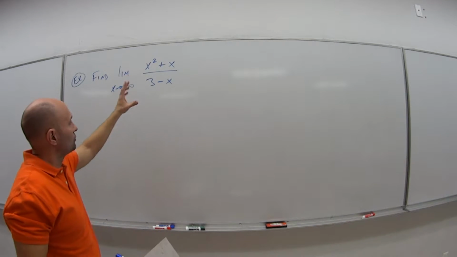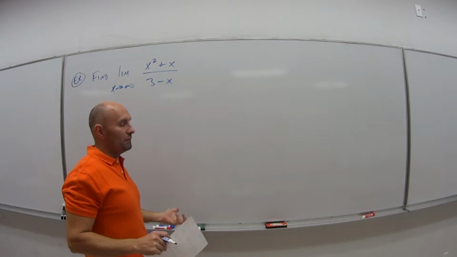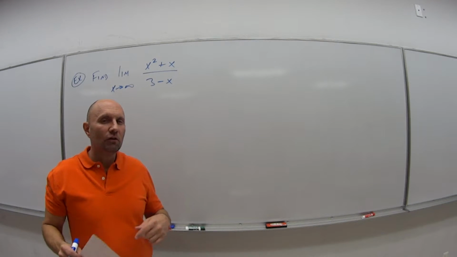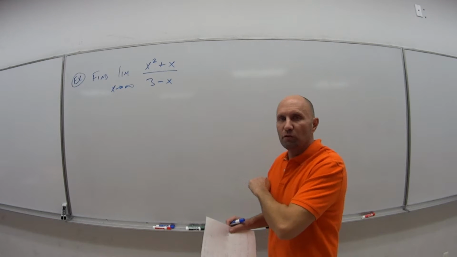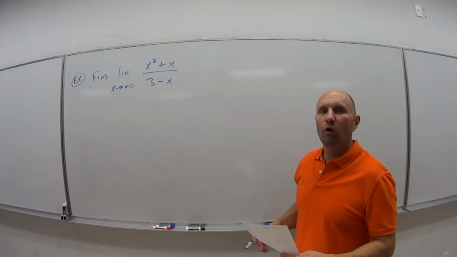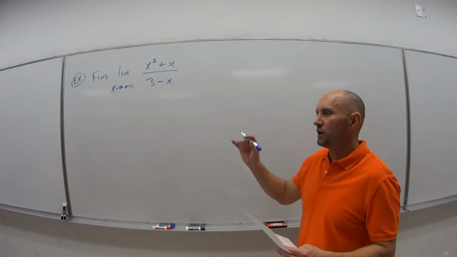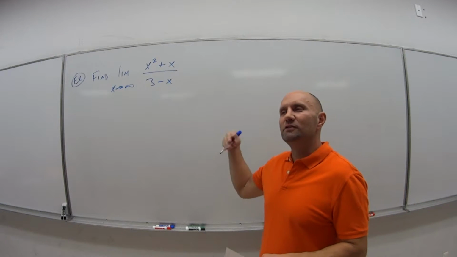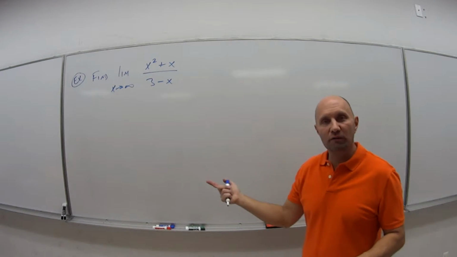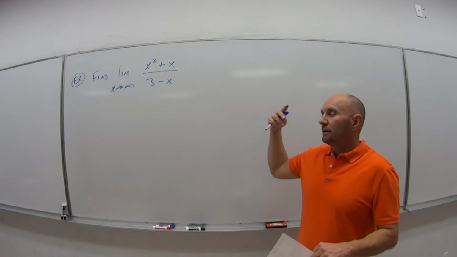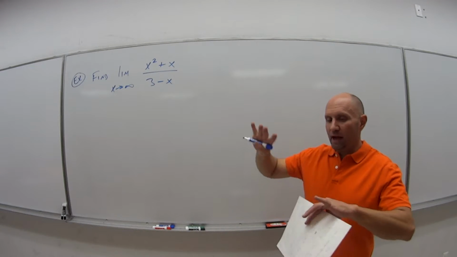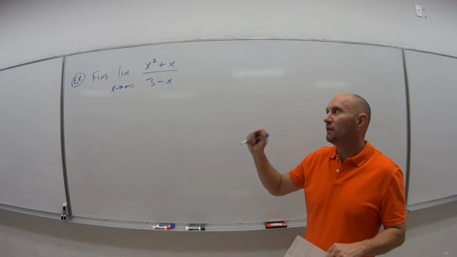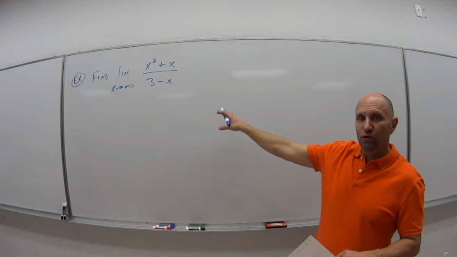We had a rational function. The limit was going to infinity. We wanted to find out what this limit is. So what did we do? Remember, I wrote it in the red marker, with the whole point of trying to get your attention. We divided by the highest power of x in the denominator. So not just the highest power of x in the whole rational function, but the highest power of x in the denominator. So try that here.